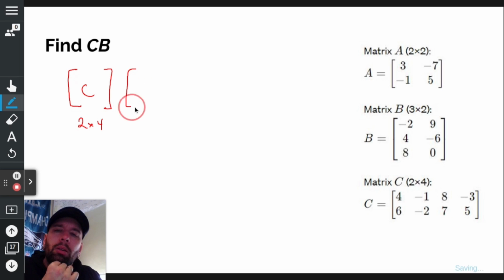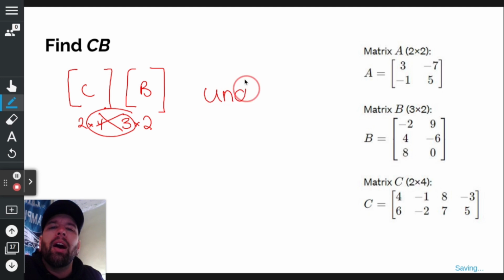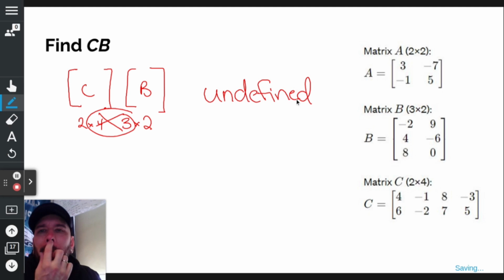B is a 1, 2, 3, 1, 2. I tricked you. This one's undefined. Can't do it.